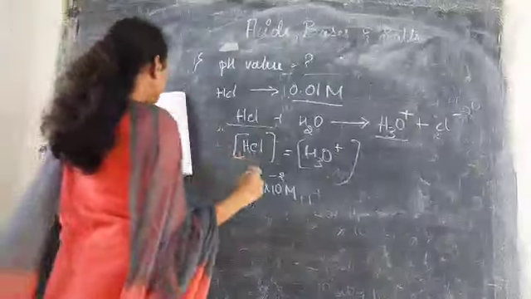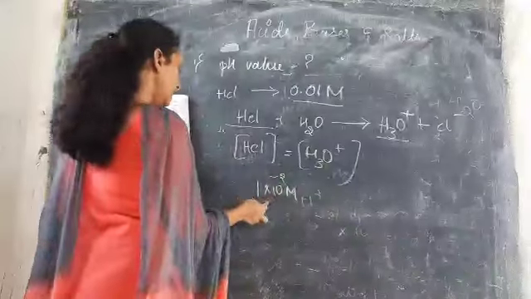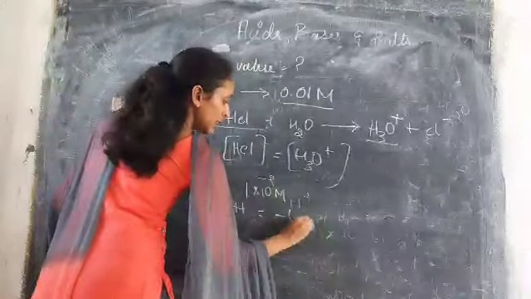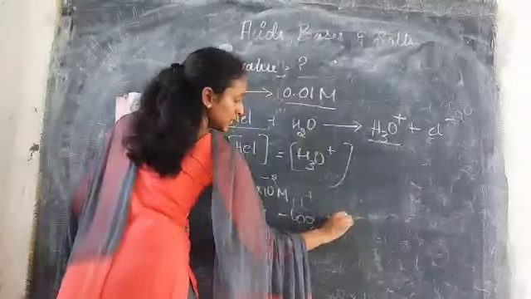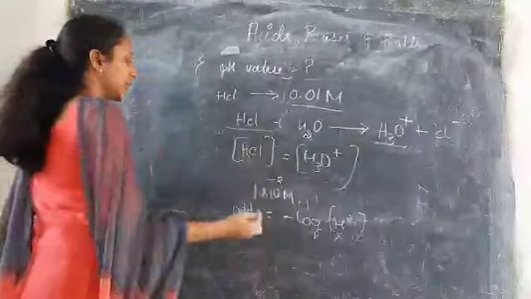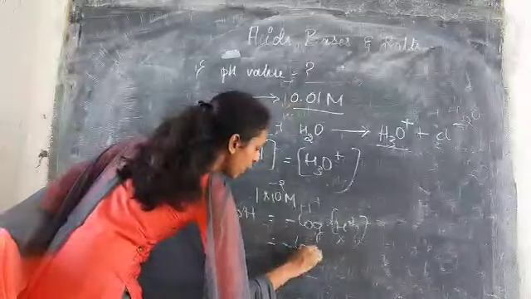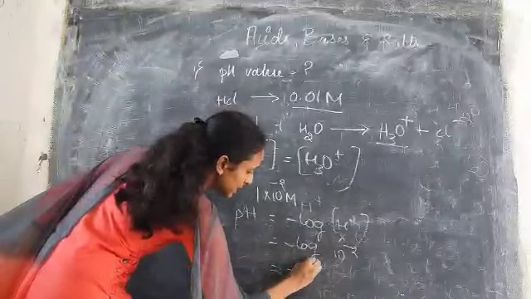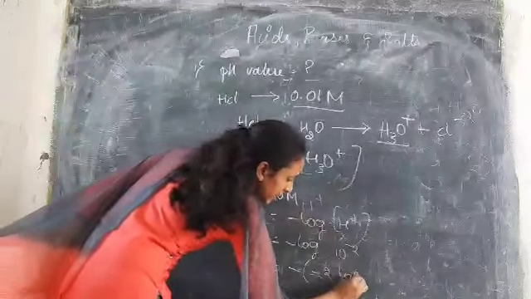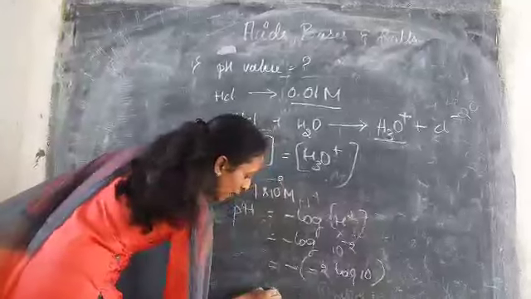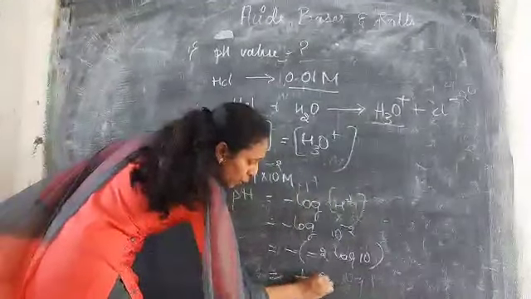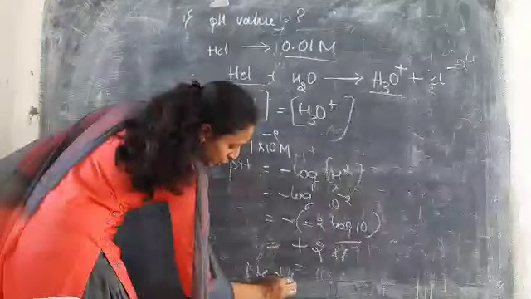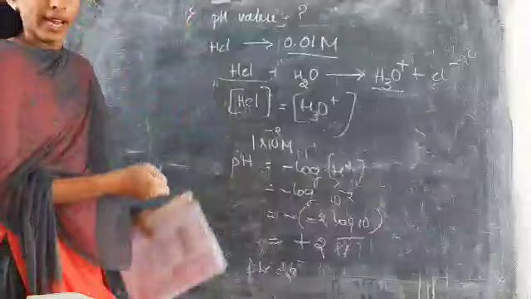So pH is equal to minus log H plus. Here H plus is nothing but the acid, so this is minus log 10 to the power of minus 2. This will give minus 2 log 10. Minus minus becomes plus, 2 log 10 is nothing but 2 times 1. So the pH is 2 for this particular HCl.